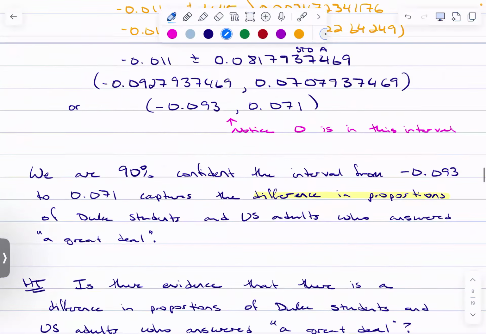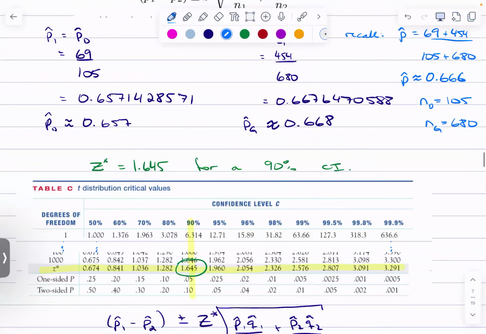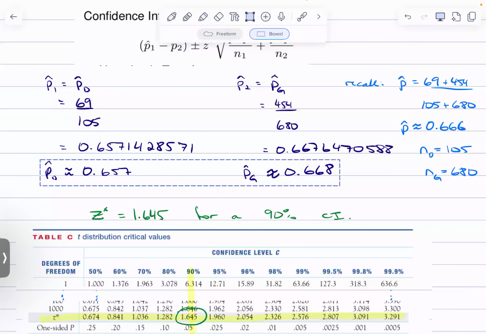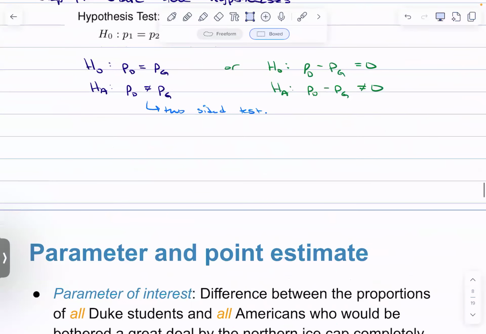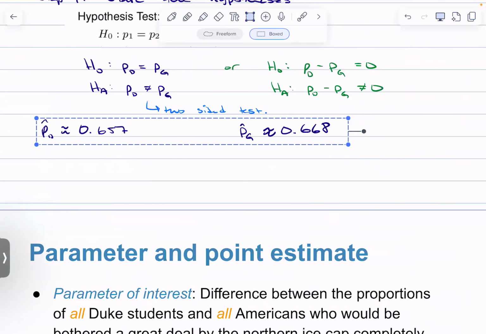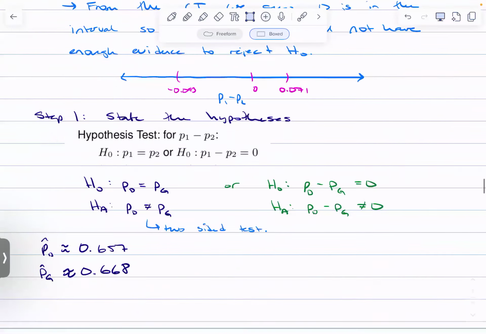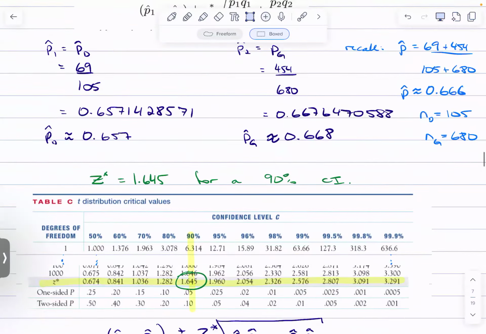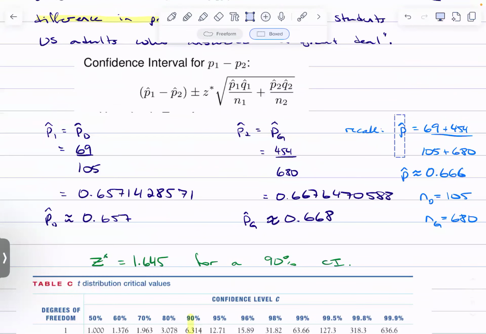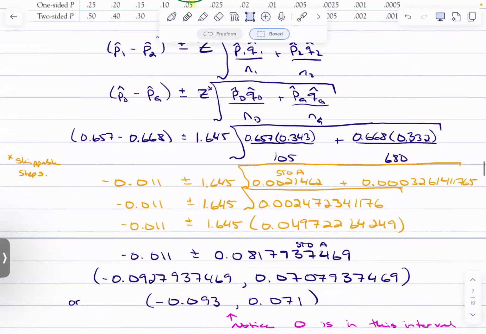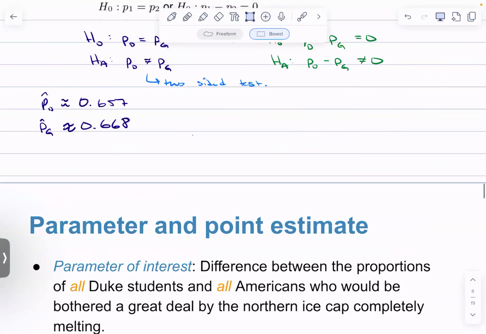I'm going to grab that sample information that we had earlier, including our p-hats, and copy our pooled proportion.